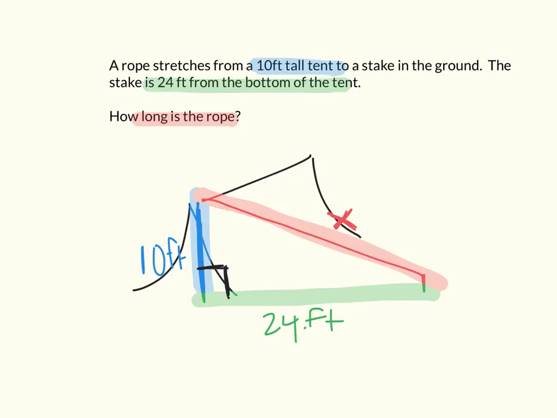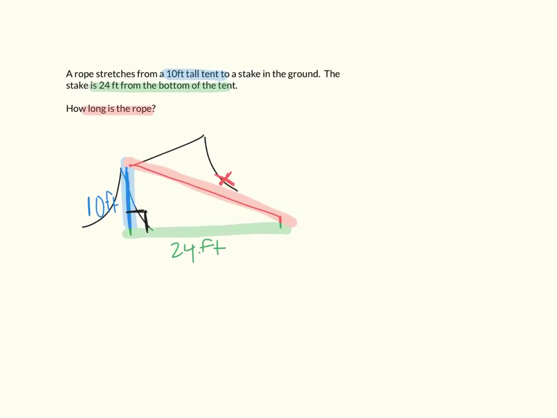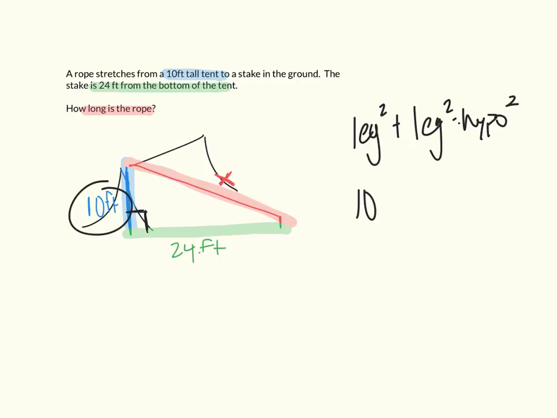All right, let's see how you did. We are going to use our Pythagorean theorem, which is leg squared plus leg squared equals the hypotenuse squared. My 10 is a leg, so I've got 10 to the power of 2, plus my 24 is a leg, so 24 to the power of 2, equals my hypotenuse, which is x to the power of 2.